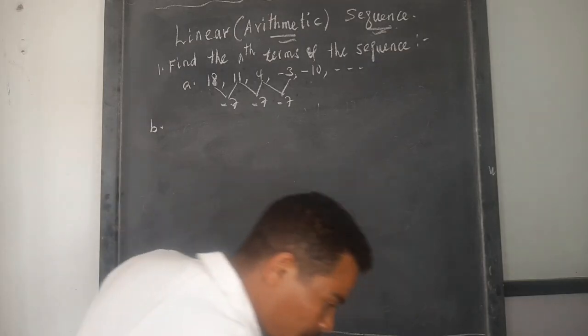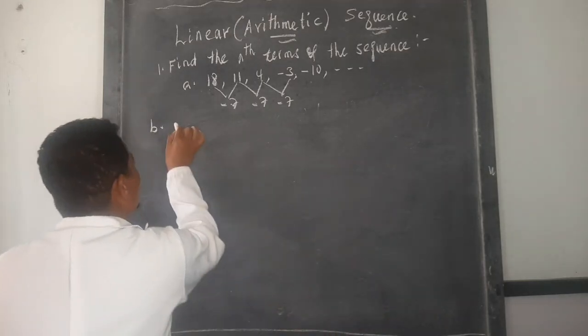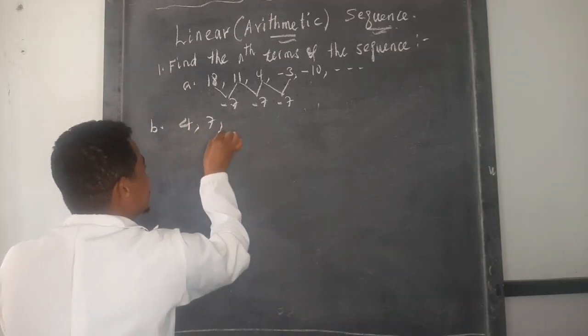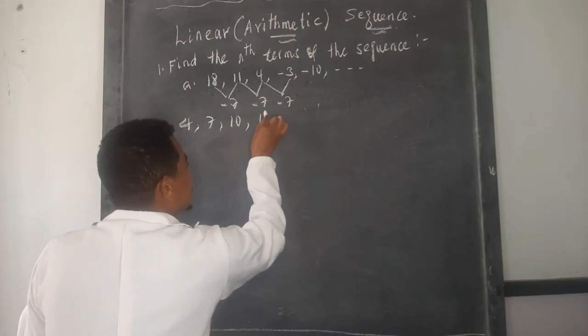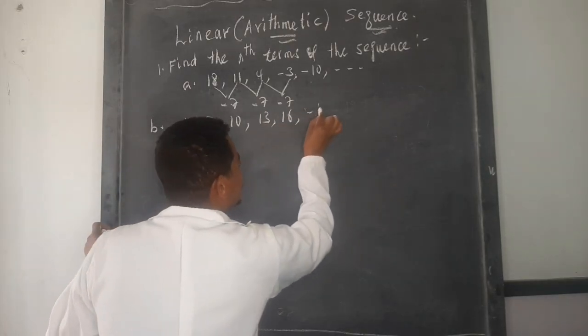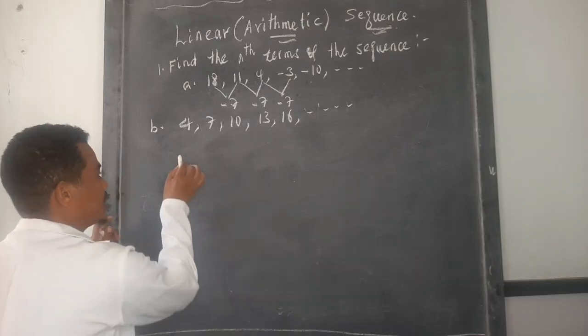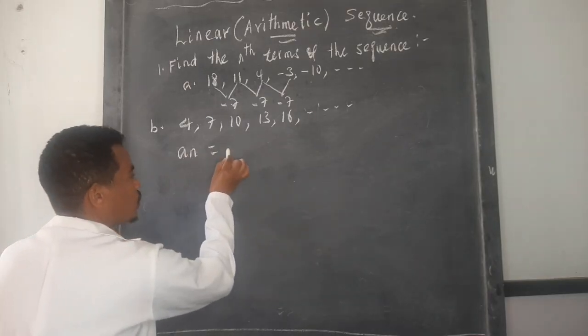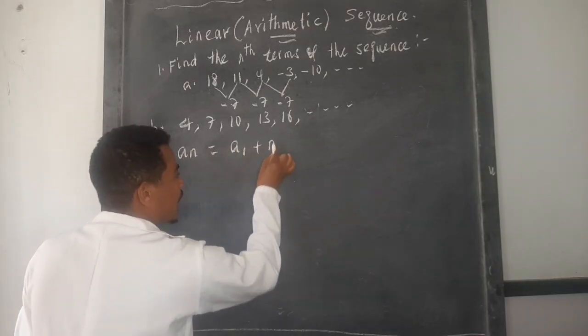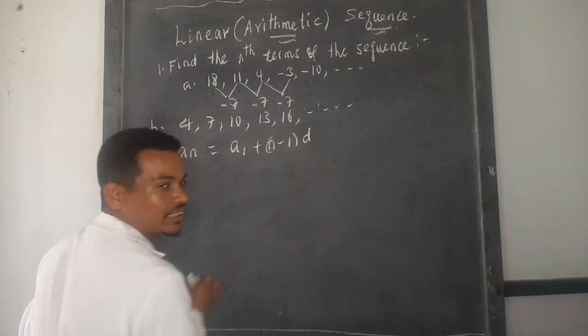The sequence is 4, 7, 10, 13, 16, and it continues. So the general formula for this one is an equal to a1 plus n minus 1 into d.